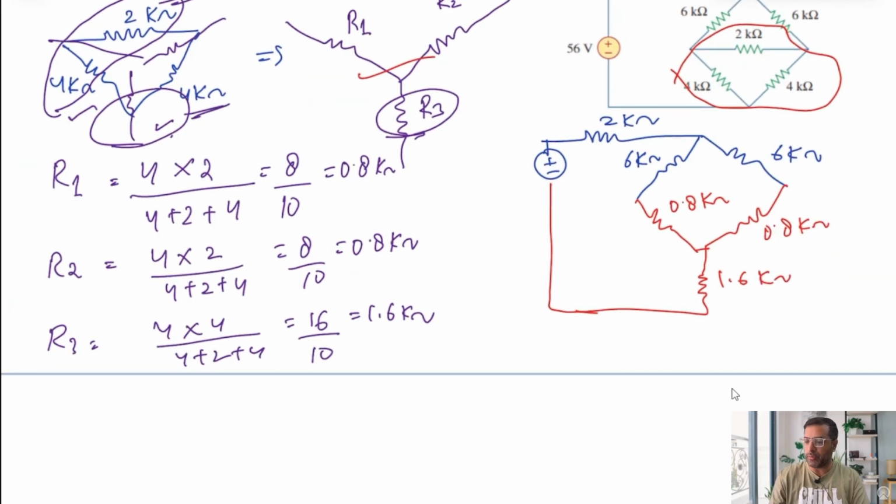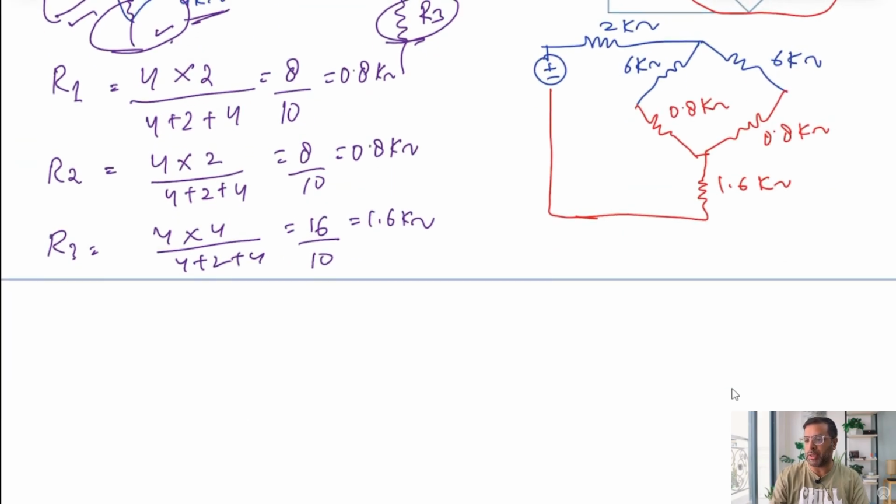Now what we need to do, we need to simply solve it using the series-parallel concept, because if we now see, we have this 6 kilo ohm and this 0.8 kilo ohm in series. In the same way, this 6 kilo ohm and this 0.8 kilo ohm is also in series. So we can say 6 plus 0.8 will be 6.8 kilo ohm from the left, and on the right also 6 plus 0.8 will be 6.8 kilo ohm.